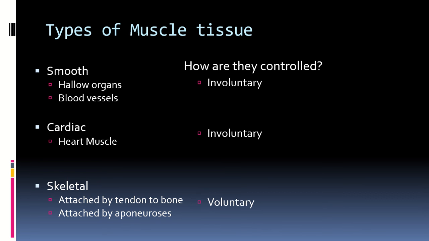Now, as far as the different types of muscle, as far as how your body actually controls them, I should say. Smooth muscle and cardiac muscle are thankfully involuntary. You do not have to think about them to use them.